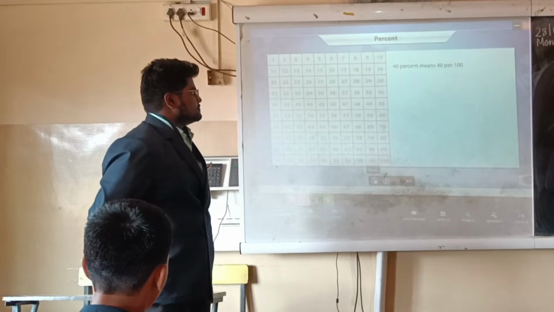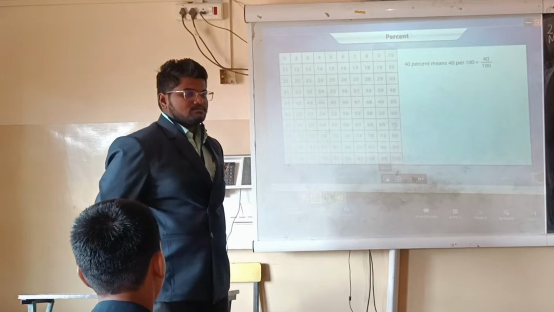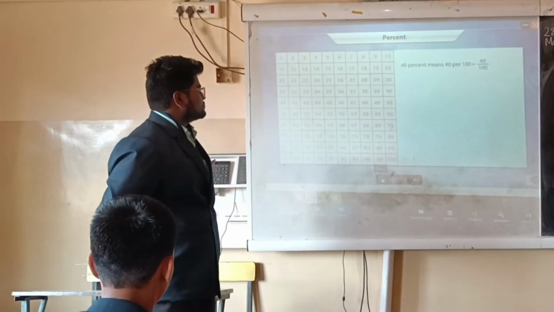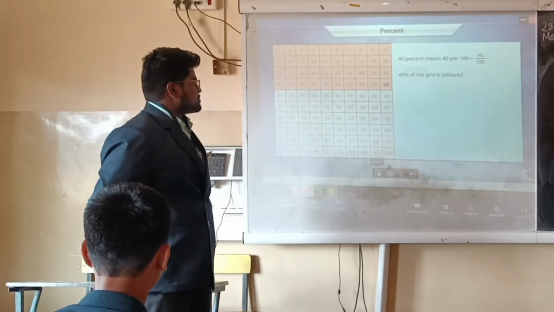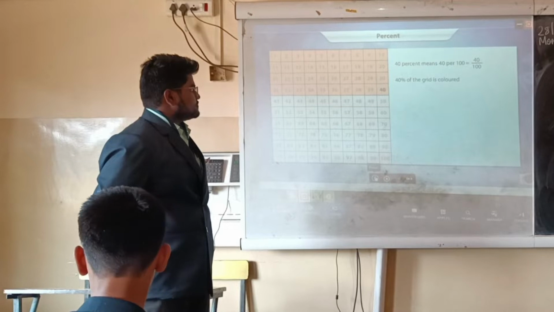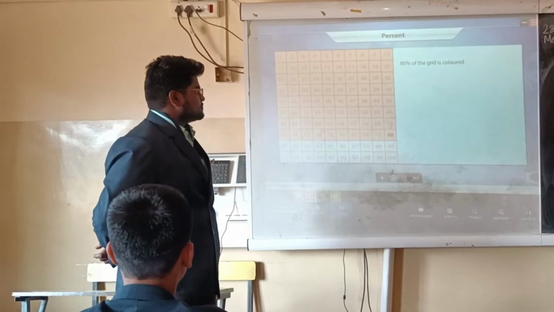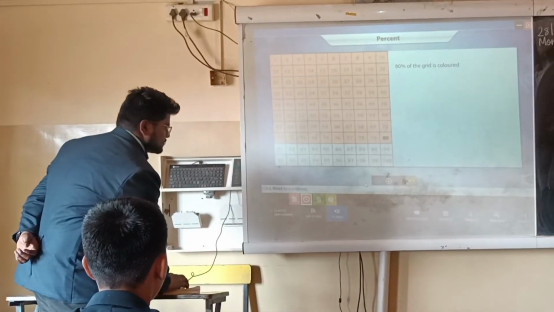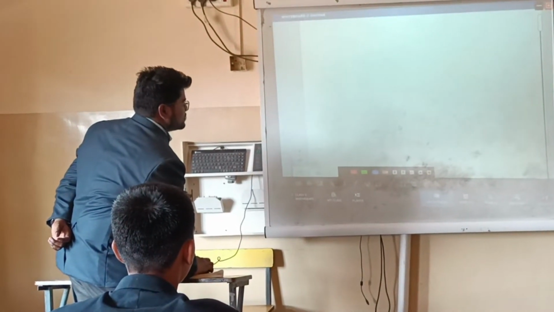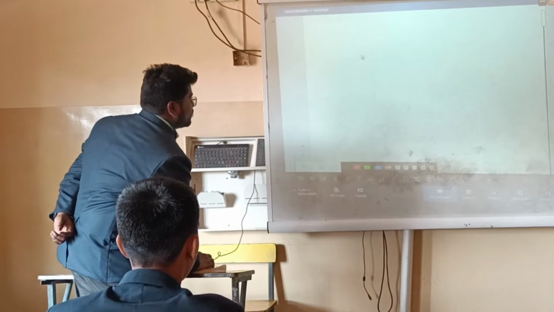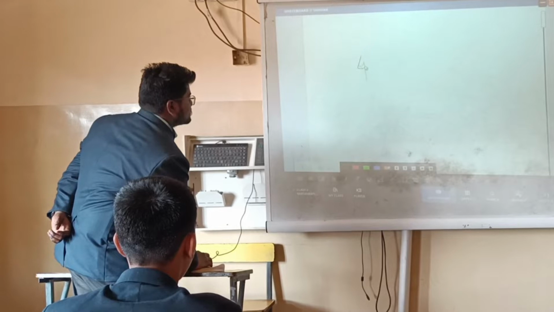40% means 40 per 100. This can be written as 40 divided by 100. In a grid having 100 squares of equal size, we could represent 40% by coloring 40 squares. To represent 80% in the same grid, we would have to color 80 squares. Now, in 1 to 100, if you take 40%, I'll change the color here.